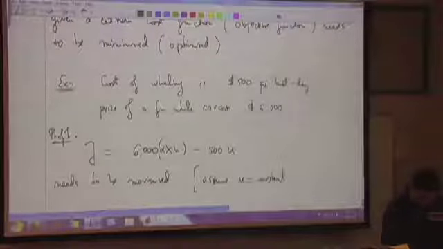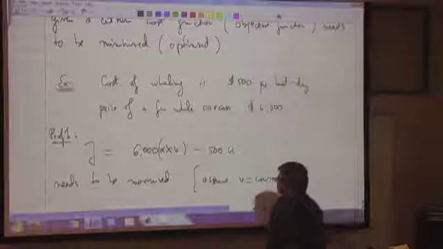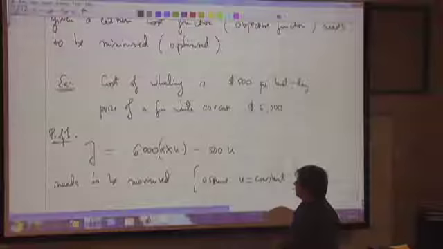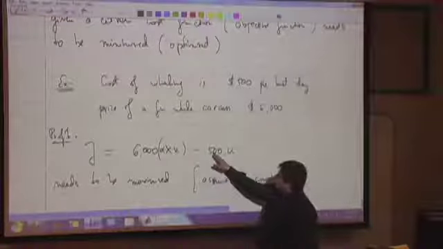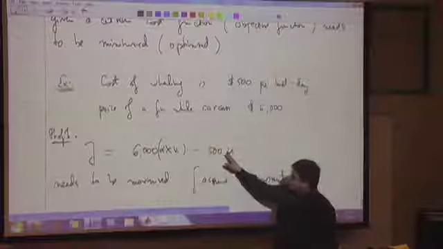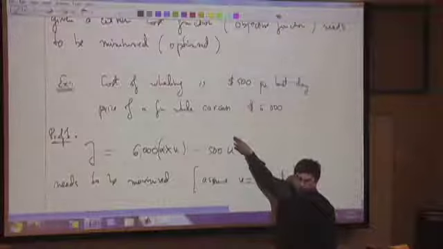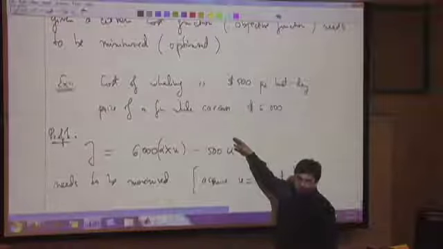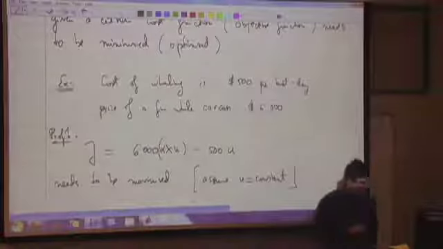If U were not constant, you wouldn't necessarily have this constant term 500U. If U depends on time, it would be an integral of U, because U is a rate.